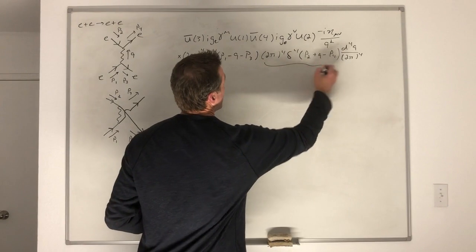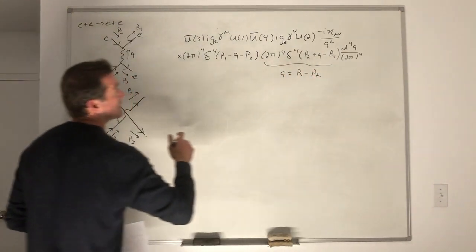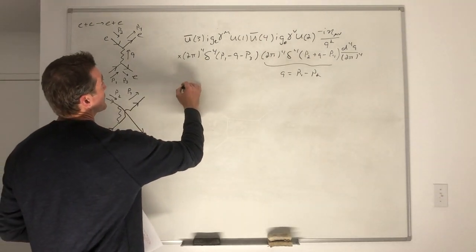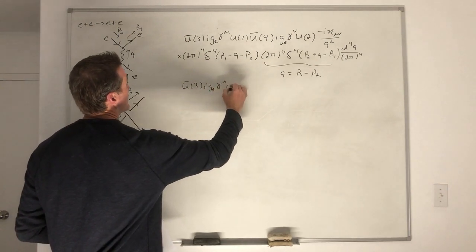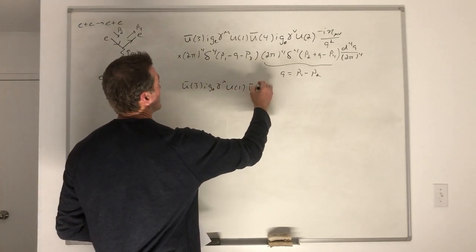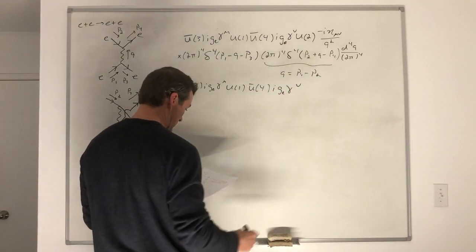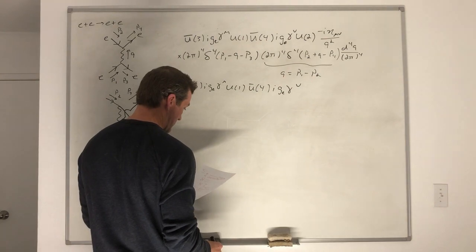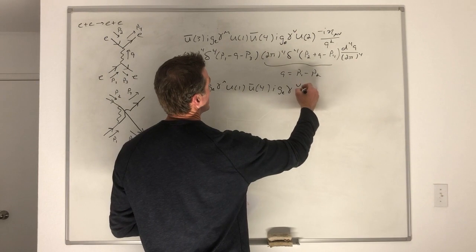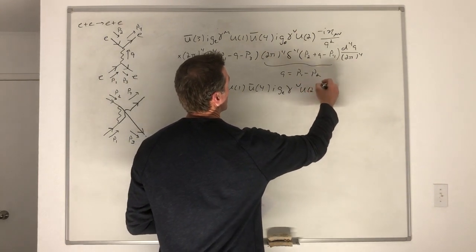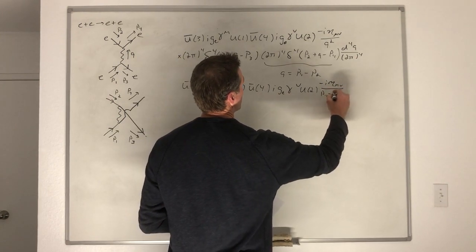So if I use this guy to set Q equal to P4 minus P2, then I'm going to be left with U bar 3 I g e gamma mu U1, U bar 4 I g e gamma mu U2, times minus I eta mu nu over P4 minus P2 squared.